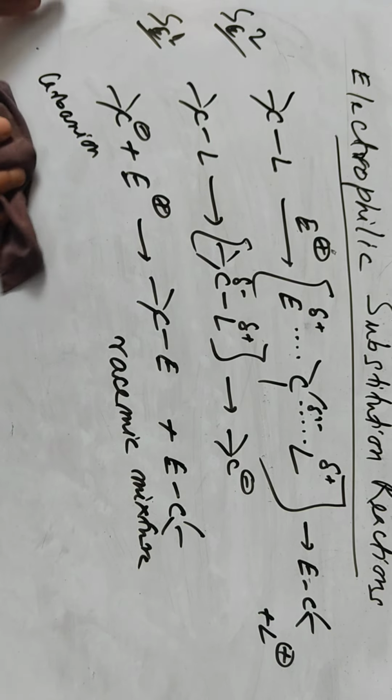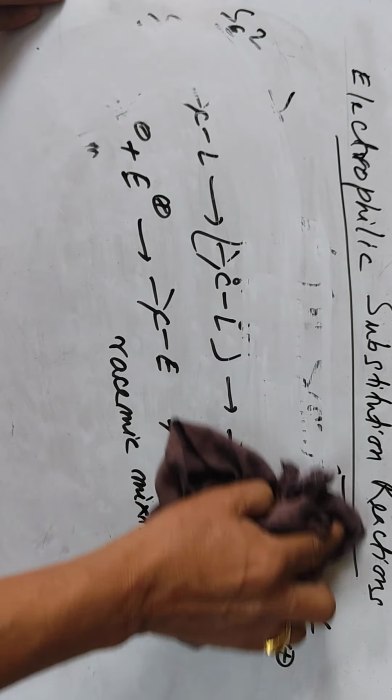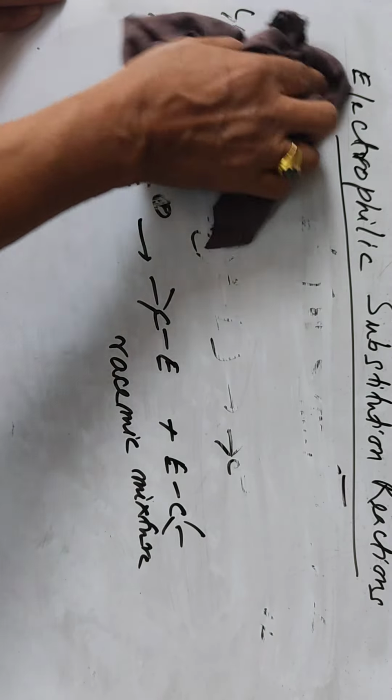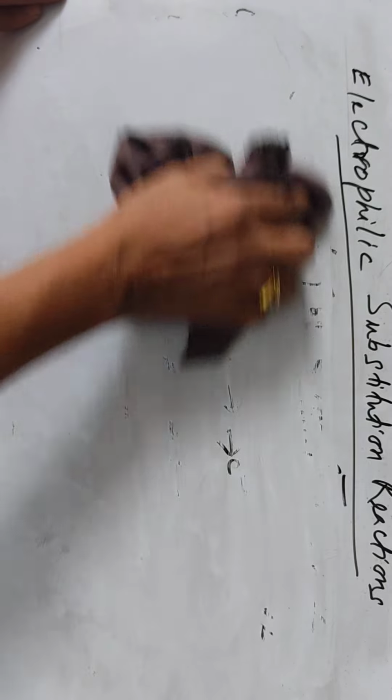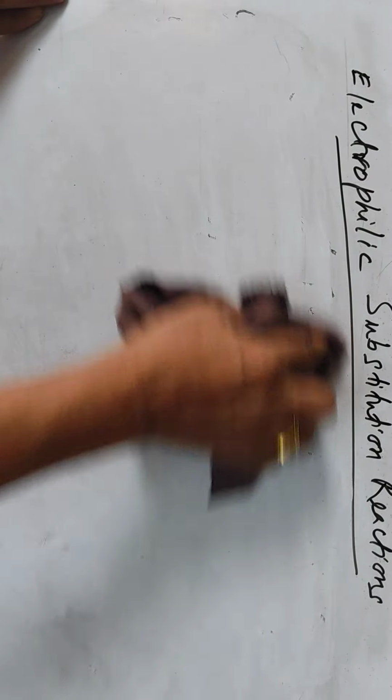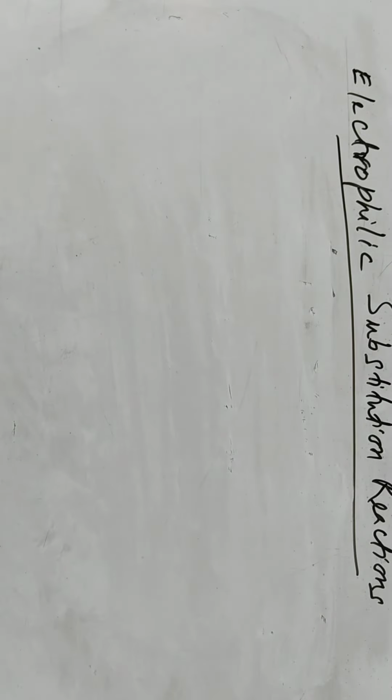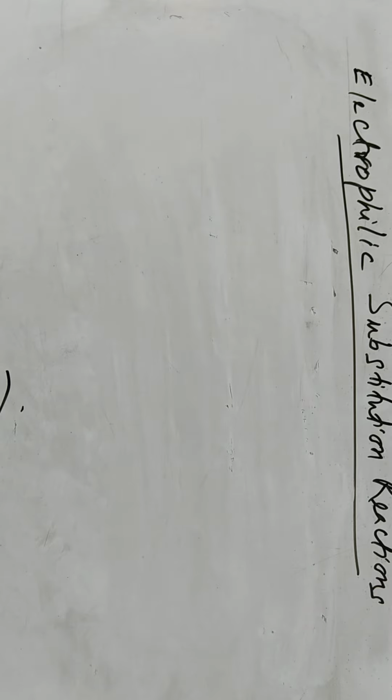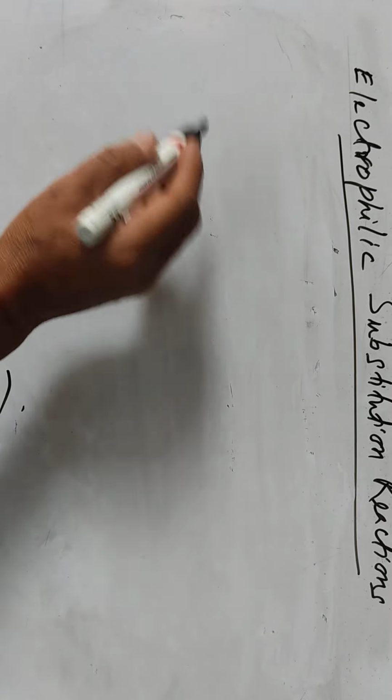In some cases, carbon undergoes bimolecular electrophilic substitution when it is attached to strongly electropositive species like a metal. If it is attached to a metal atom, then the compound can undergo bimolecular electrophilic substitution internally.